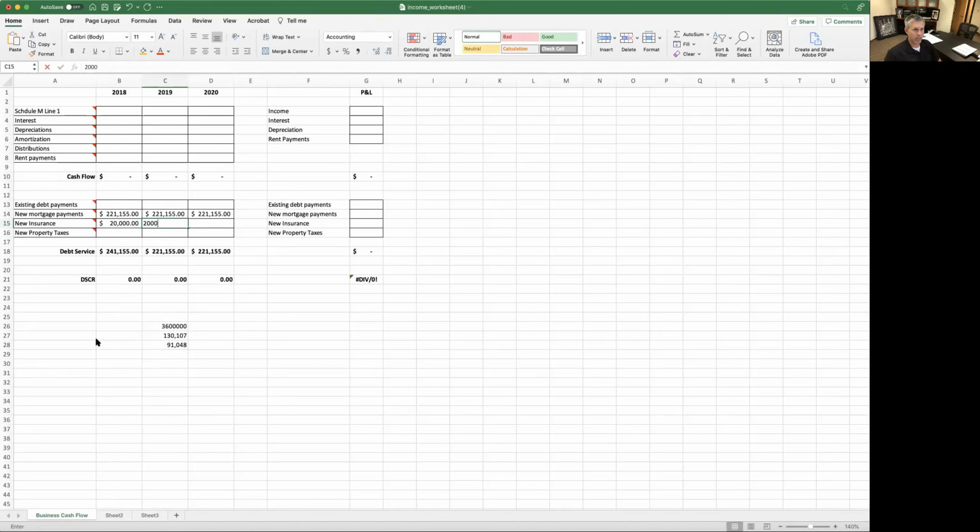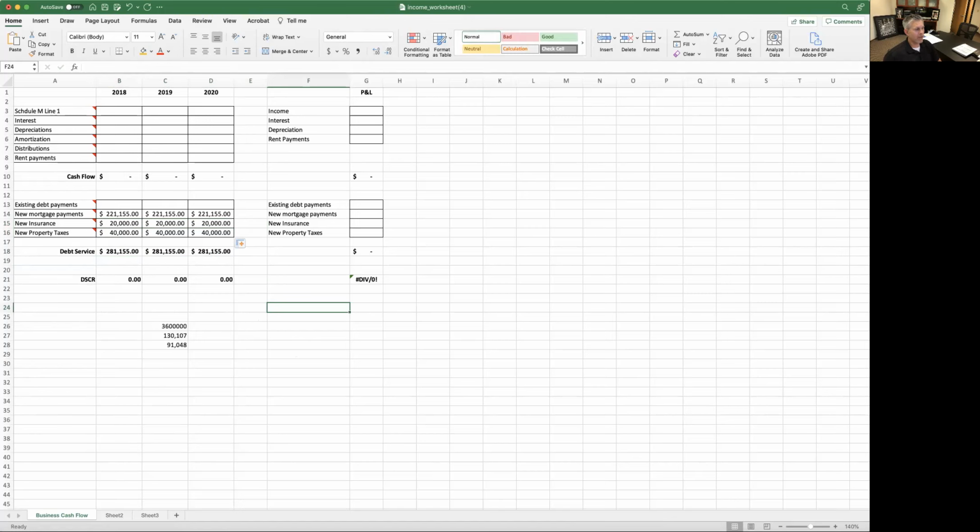Probably a little light, but for the sake of discussion, we'll put it down. And we're going to say for property taxes that it's probably somewhere in the 40. Then you put that across the board. So you have $281,155 in total debt service payments.